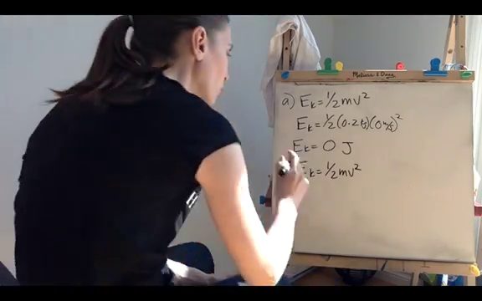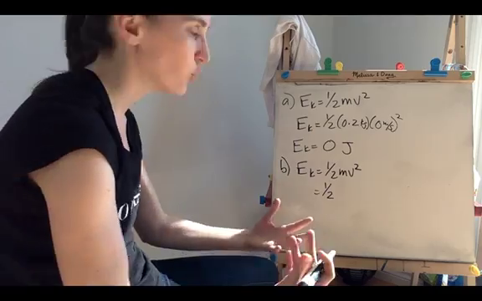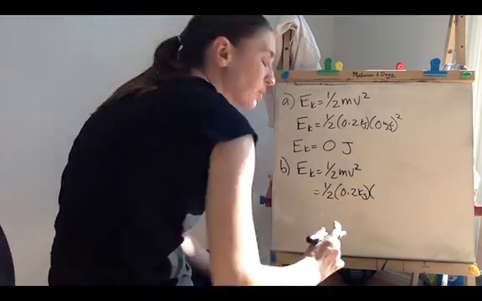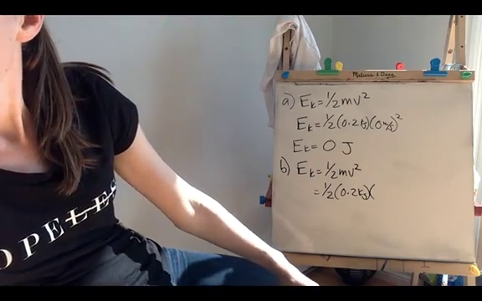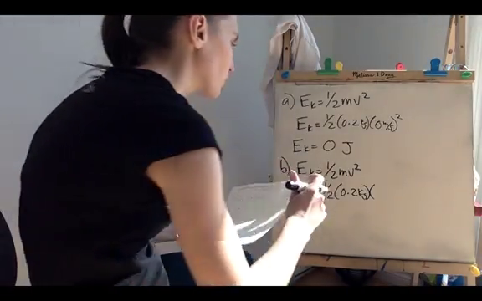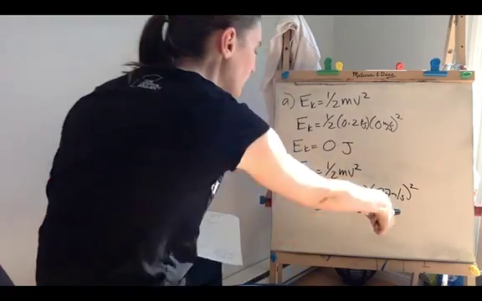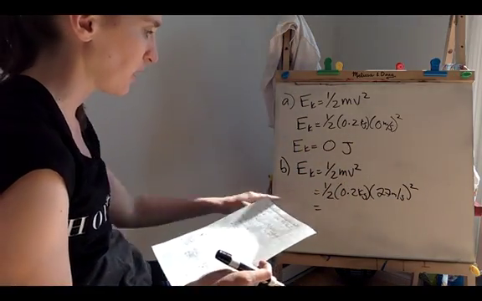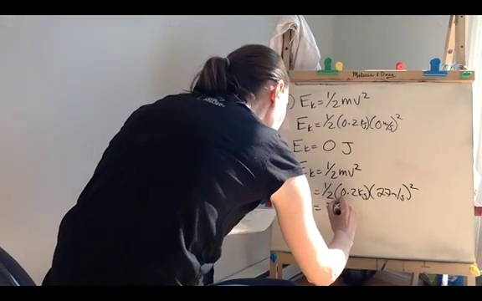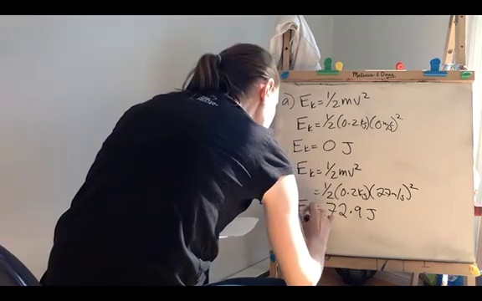So the kinetic energy of the puck once it's in motion is 1/2 times the 0.2 kilograms multiplied by that speed, it gets up to, what does it say, 27 meters per second. So we use 27 meters per second squared, and then we can just multiply all of that: 1/2 times 0.2 times 27 squared, and what you get is a value of 72.9 joules.